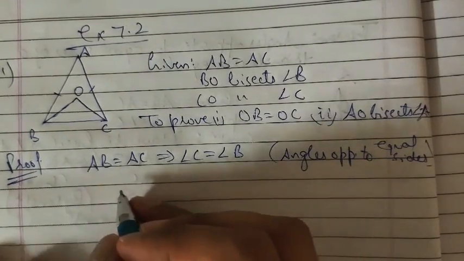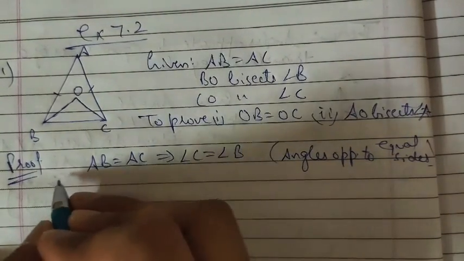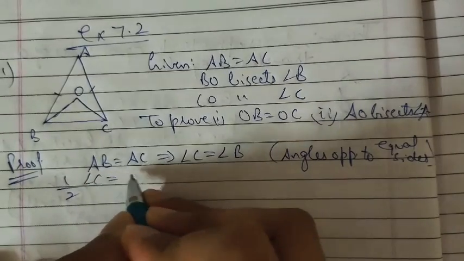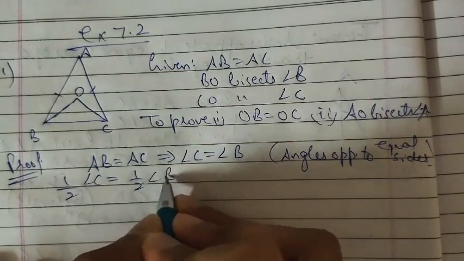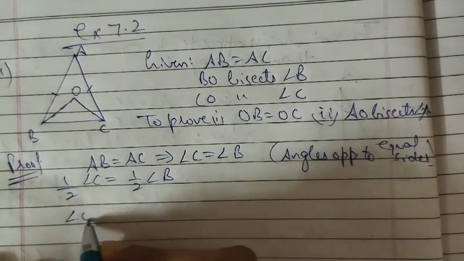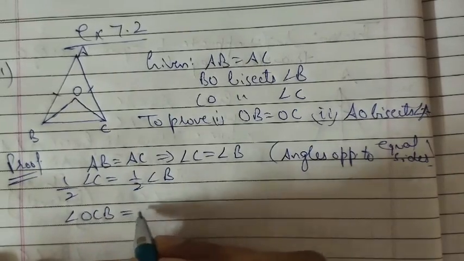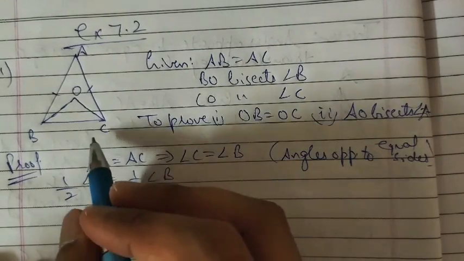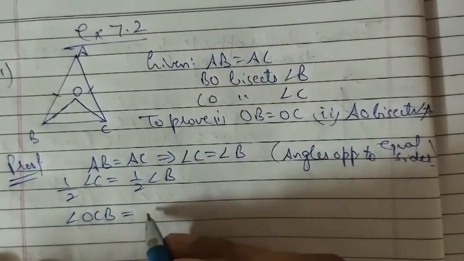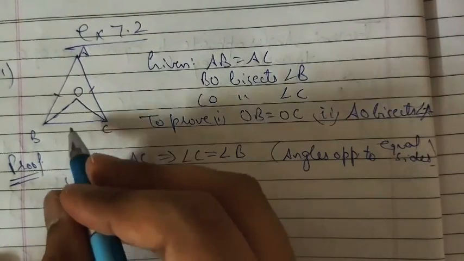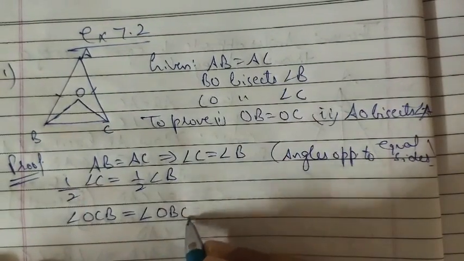Theorem. Now angle C is equal to angle B, so half of angle C will also be equal to half of angle B. So half of angle C is angle OCB, and half of angle B is angle OBC, right?